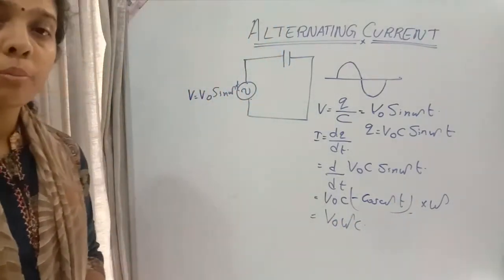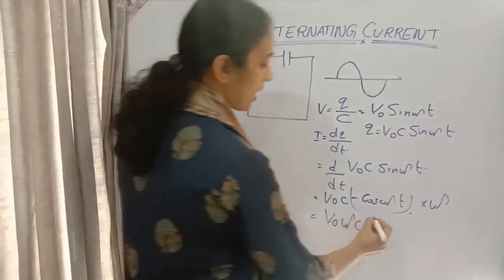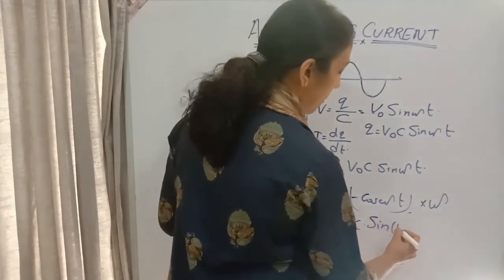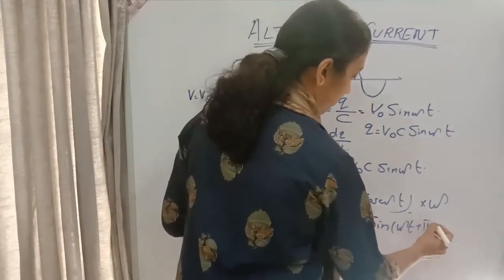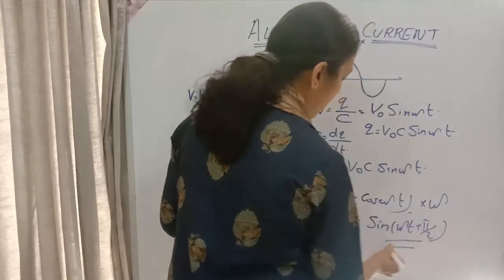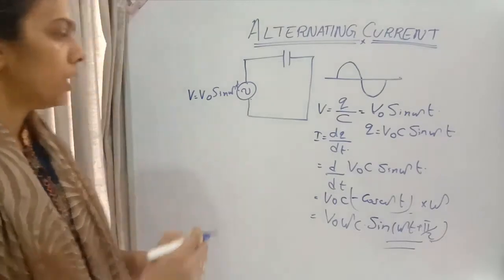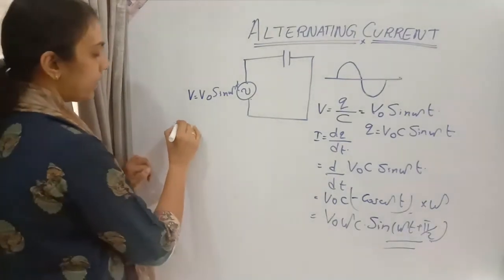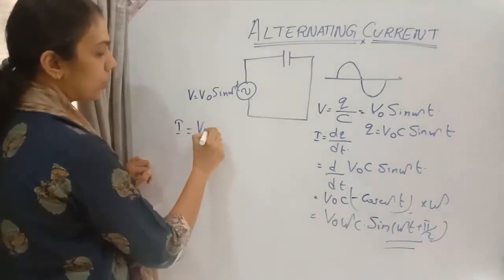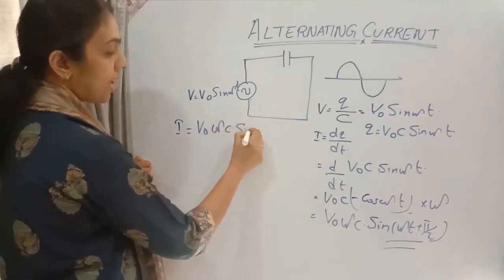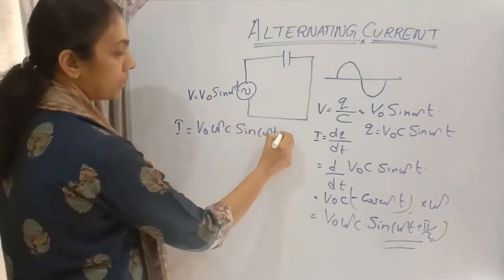How can we write cos omega t? As sin omega t plus pi by 2. Here V0 omega C sin omega t plus pi by 2, that is I. I equals V0 omega C sin omega t plus pi by 2.